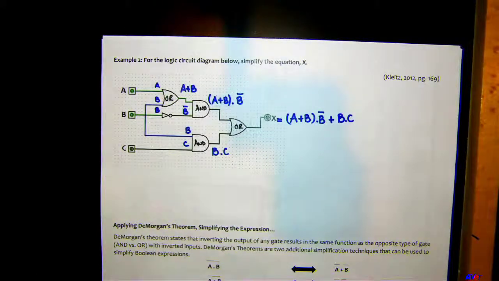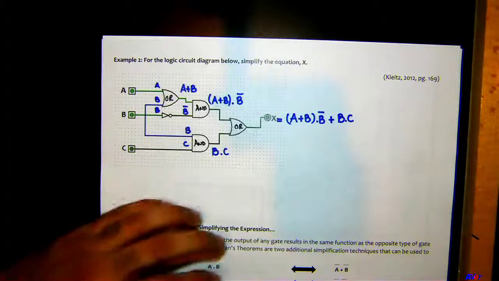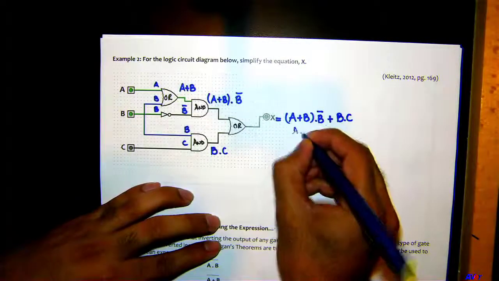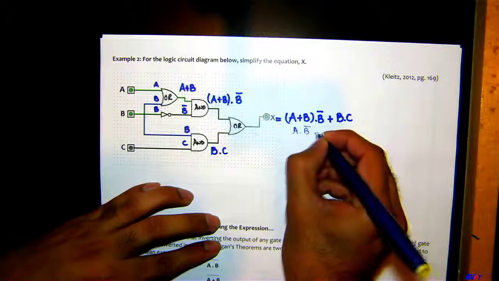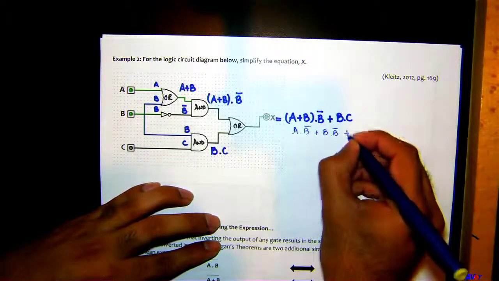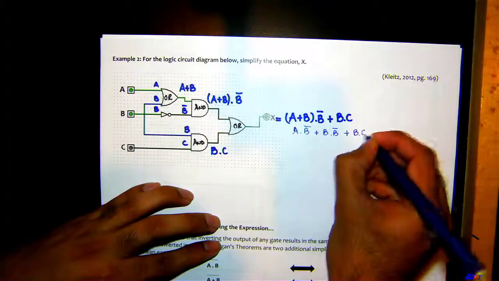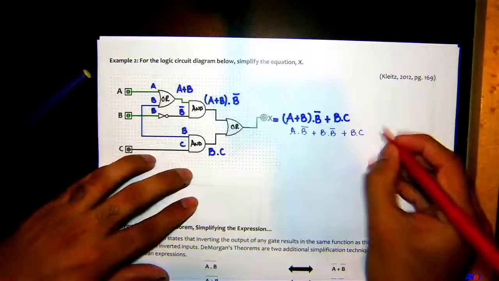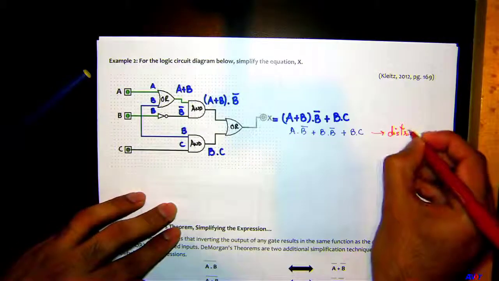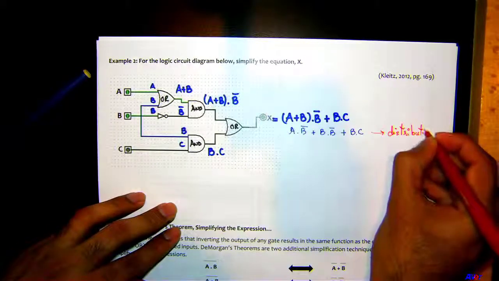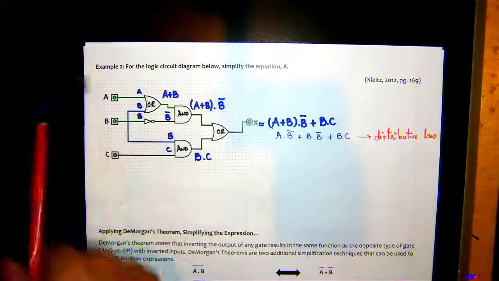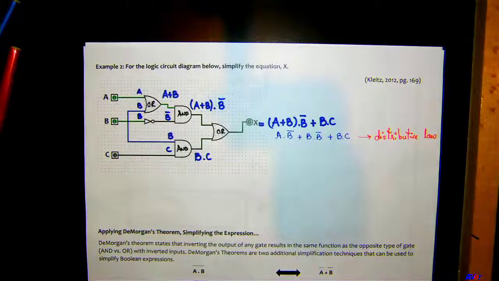I'm going to apply distributive law here and open the brackets. So this will be A dot B bar plus B dot B bar plus BC. Okay. What is B dot B bar here?